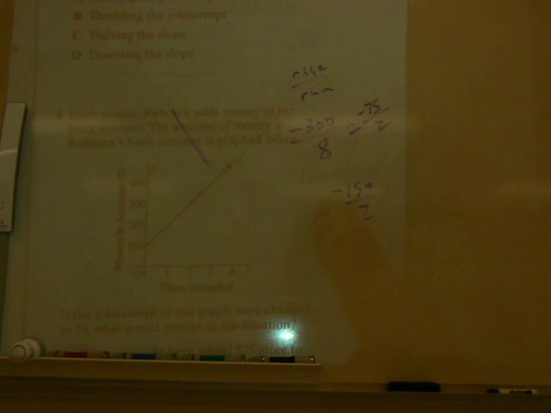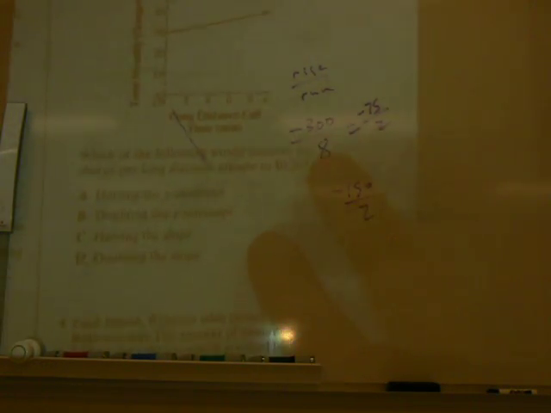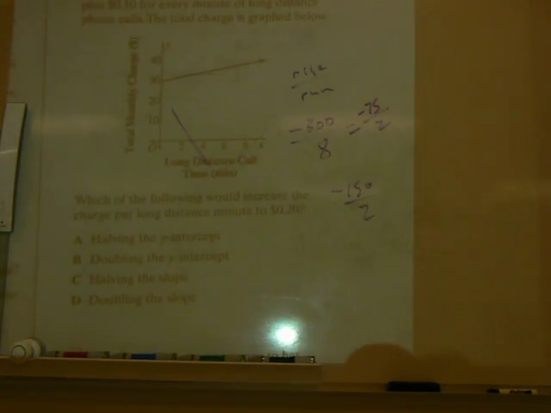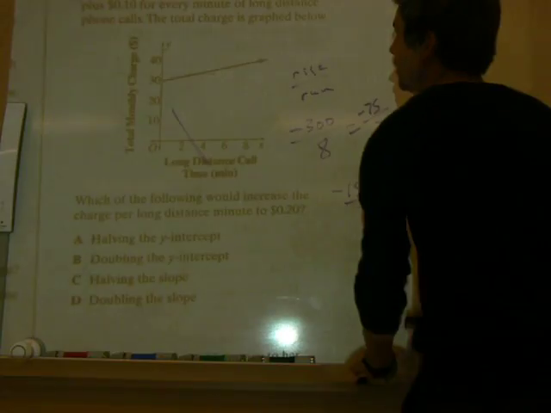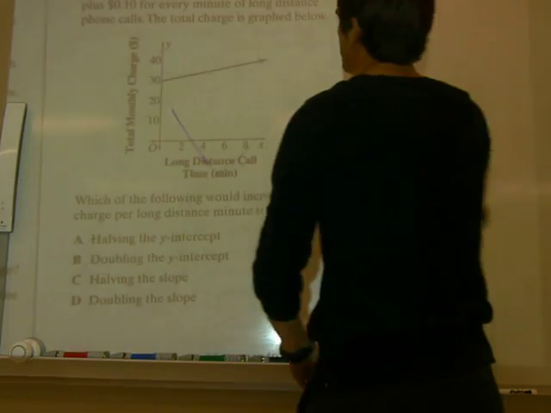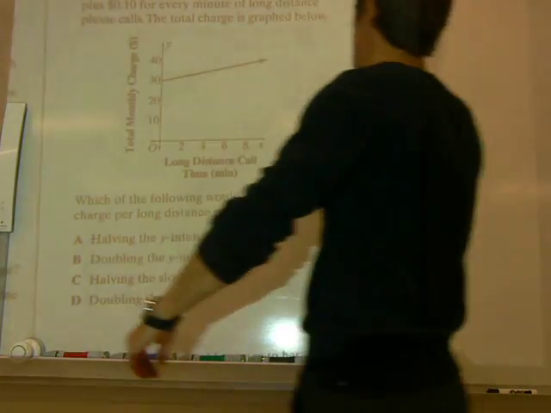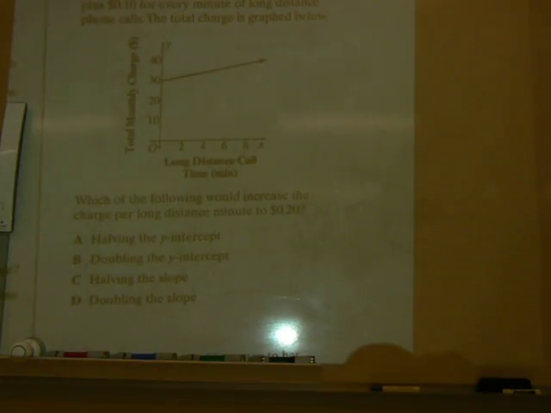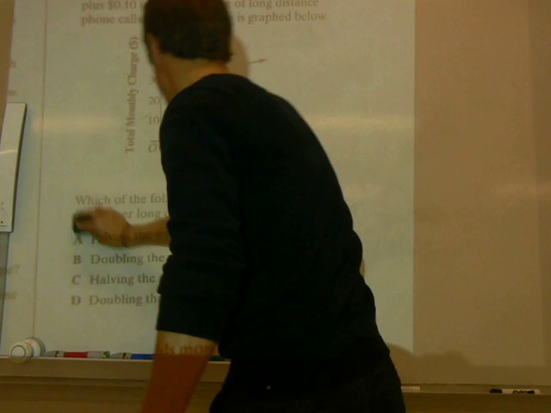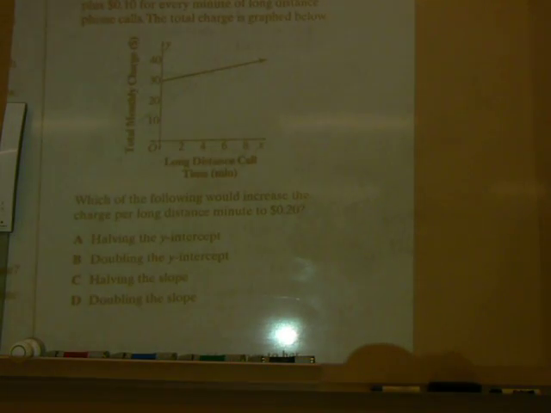Number 3. A phone company charges $30 a month plus 10 cents every minute of long distance. The total charge is graphed below. Which of the following would increase the charge per long distance minute to 20 cents? Alright.